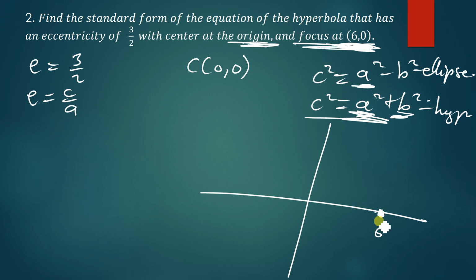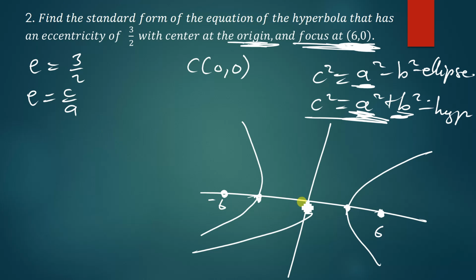I'll approximate my vertex to be there, and then the other vertex to be there. So I'll expect this point to be -6. And these are the asymptotes.